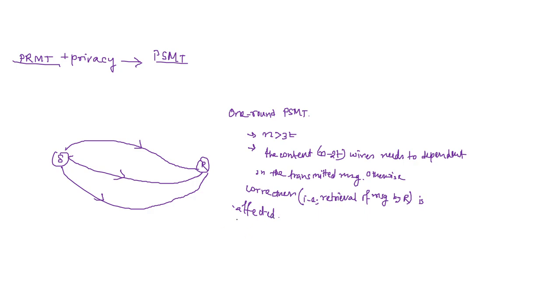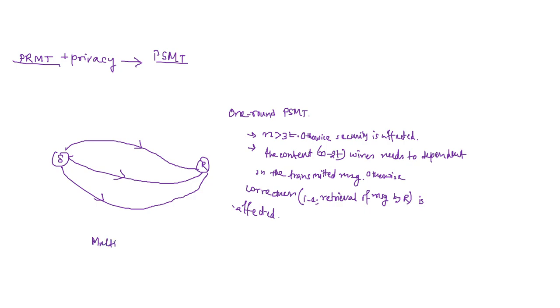R cannot retrieve the message without ambiguity if this is not satisfied, and here if n is less than or equal to 3t, then security is affected. That means by looking at t wires, the adversary will be aware of the exact message being communicated.